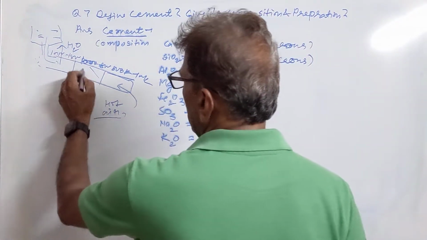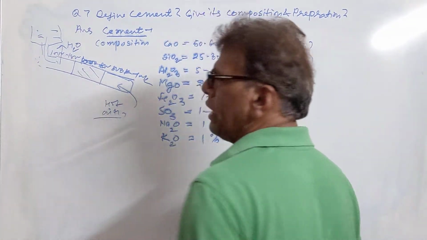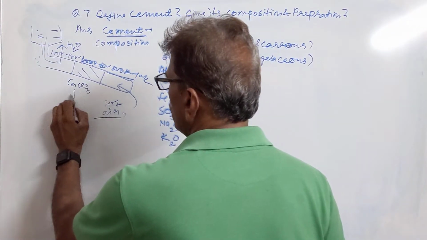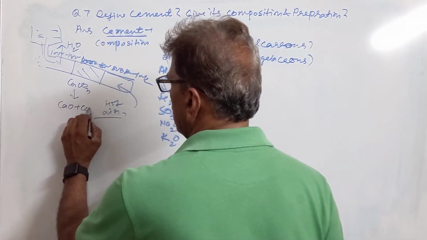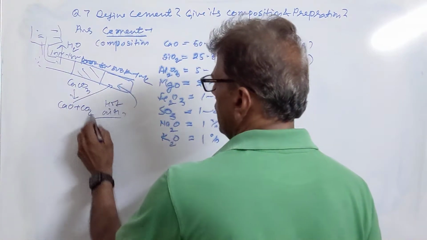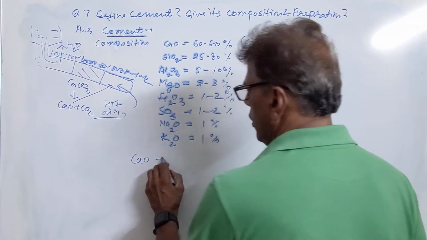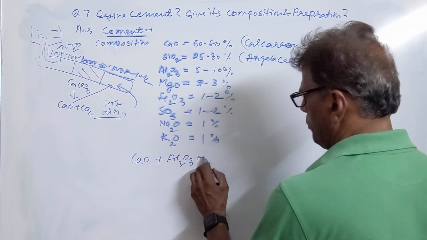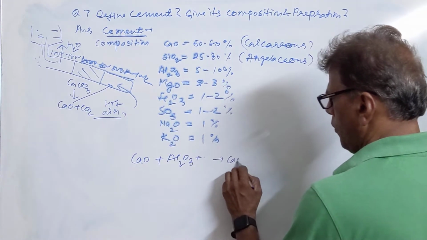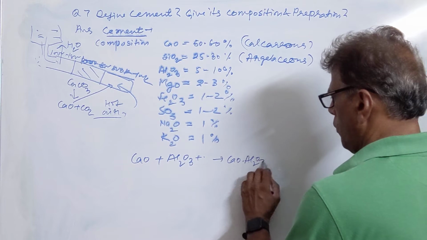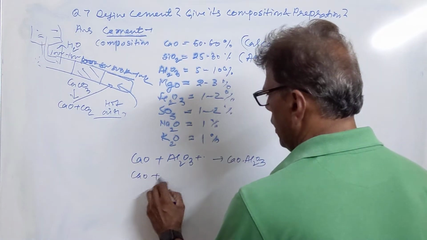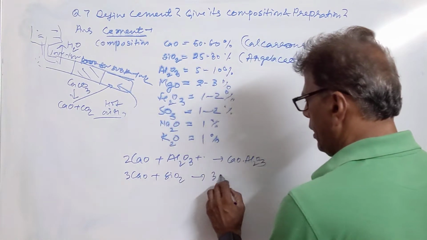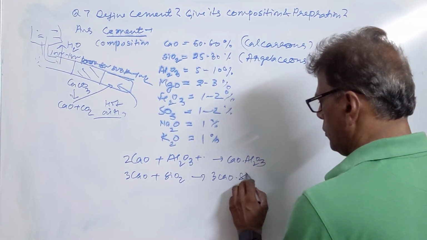Then in the middle part of the furnace, where the temperature is 800 to 1000 Kelvin, CaCO3 decomposes to give CaO plus CO2. In the lower part CaO combines with alumina to give calcium aluminate. It combines with silica to give dicalcium silicate.